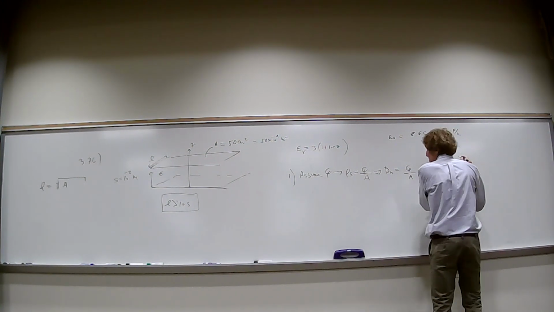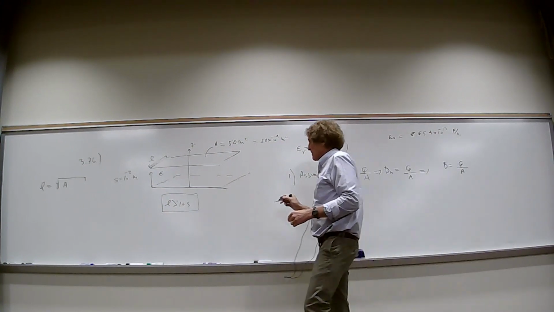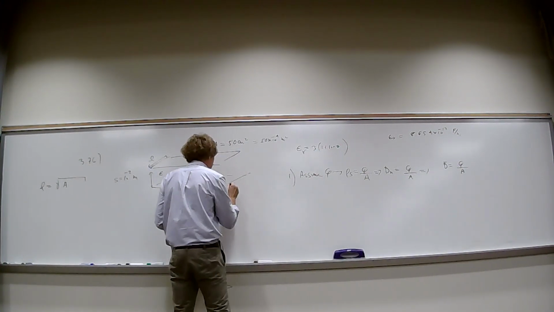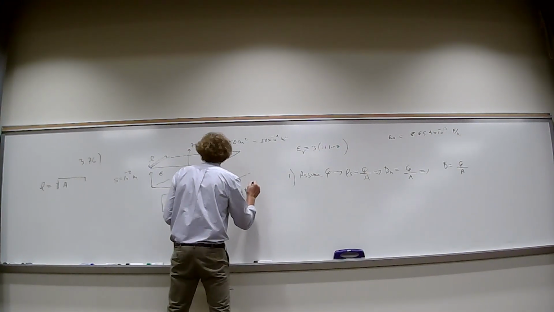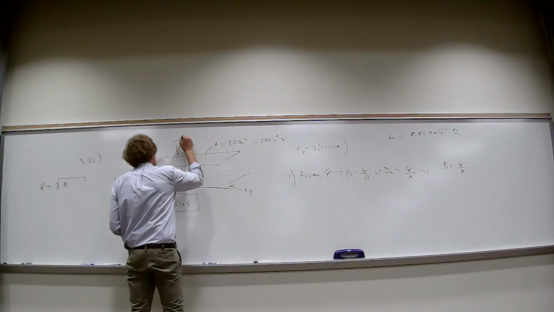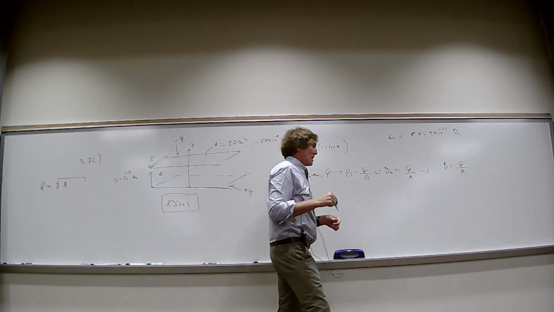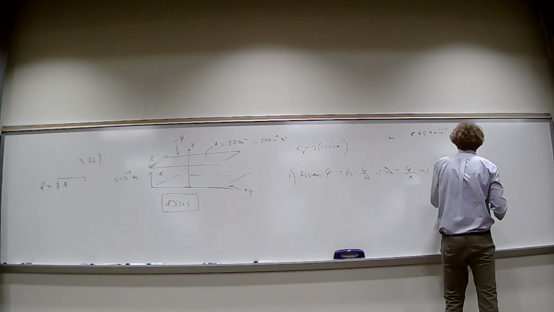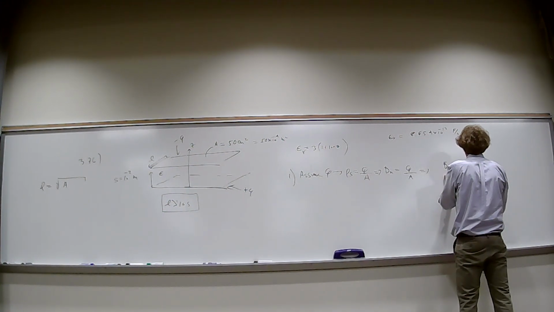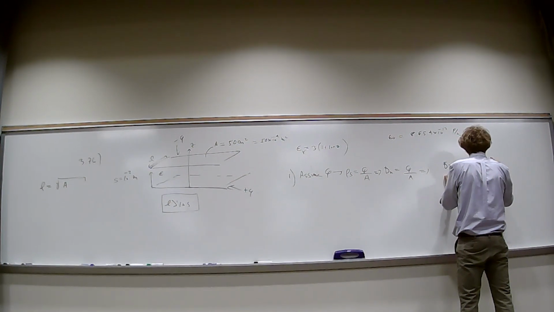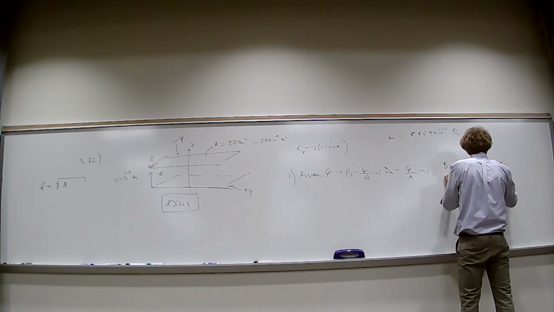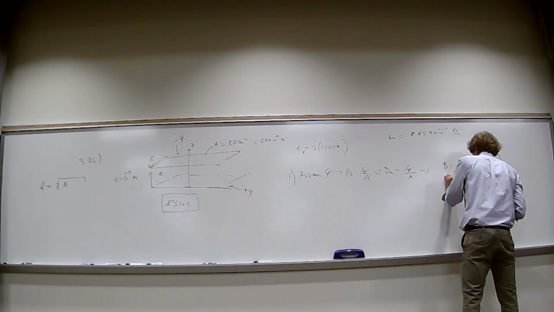Since I'm going to assume the bottom one has a positive charge and the upper one has negative charge, this is simply Q over A in the AZ direction. The units, again, are coulombs per meter squared.